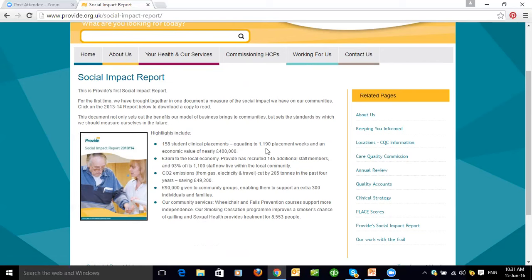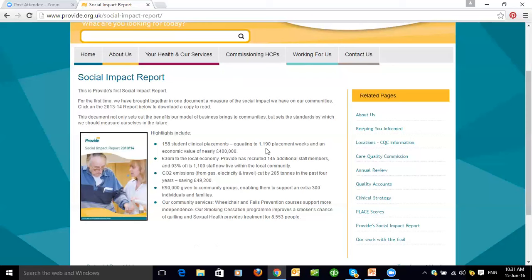So it's interesting and really useful for you to think about, well, how can training and volunteering placements be monetized to show the value that you actually produce for the economy.